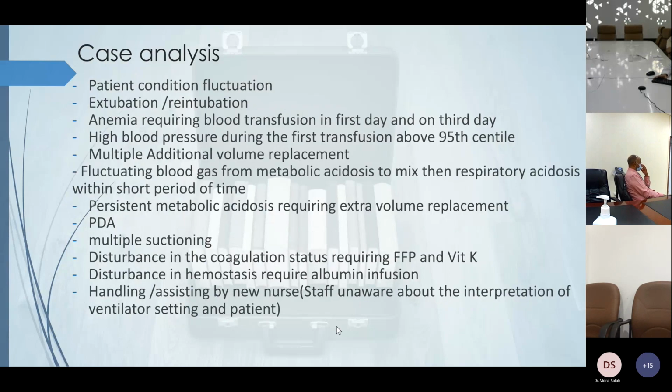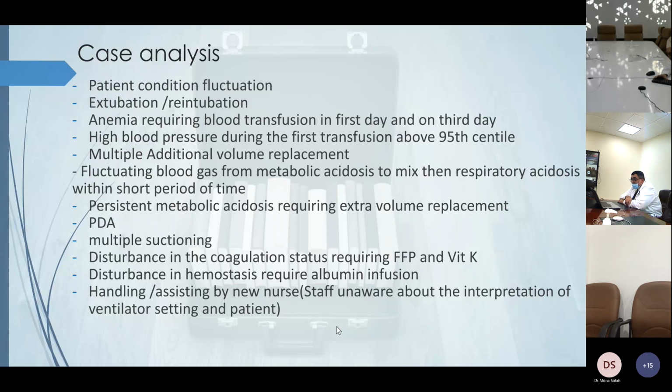Now I will go directly to case analysis because all of us already know this case and attended the previous lecture with Dr. Hanan.